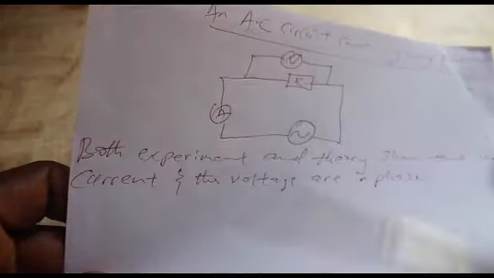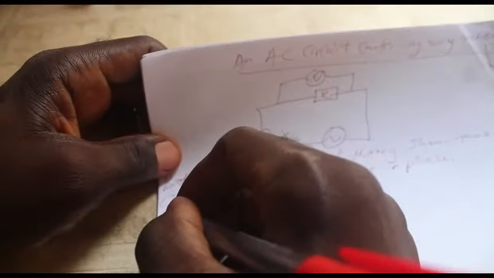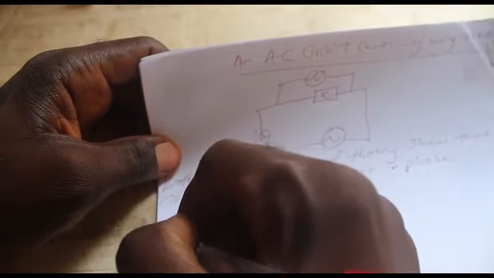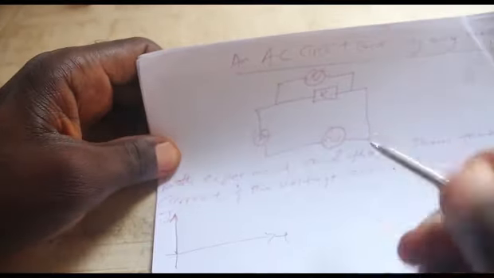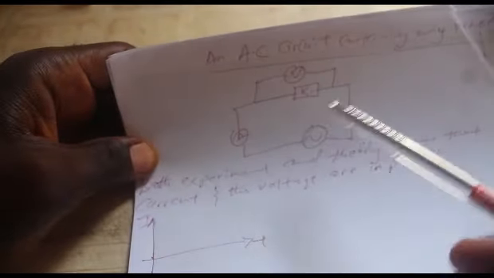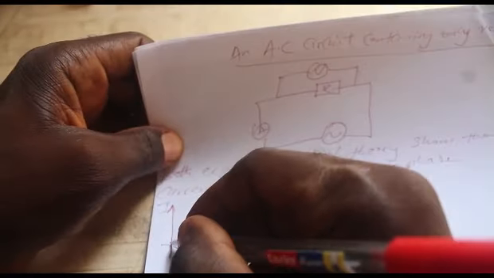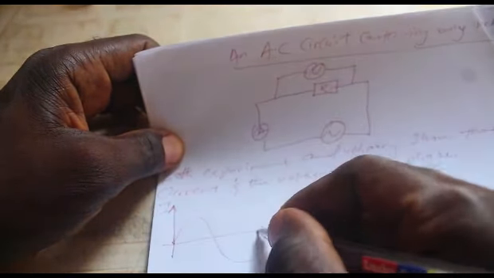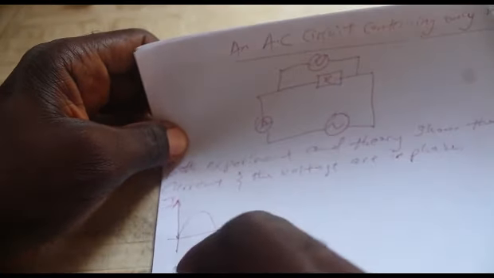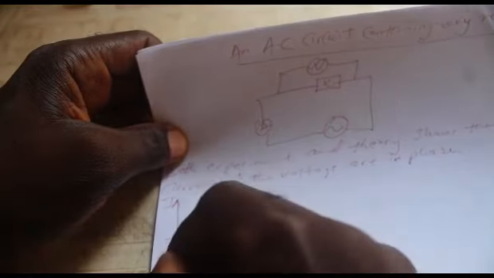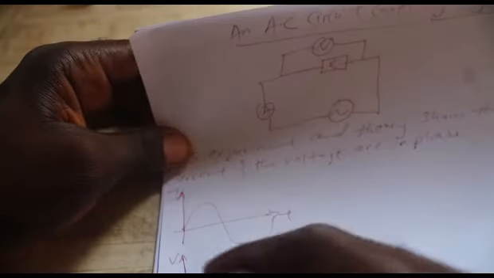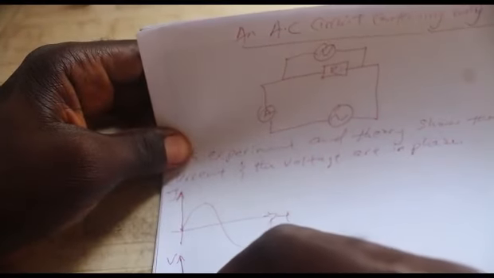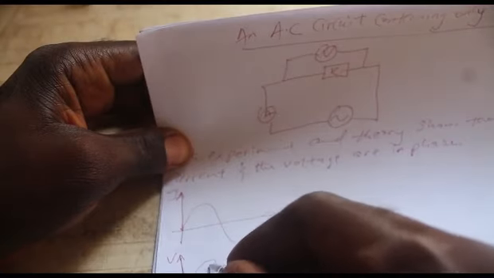So if we were to plot a graph of alternating current, instantaneous current on one axis and time on the other axis, in an AC circuit containing a resistor, we're going to have something like this. If we did the same thing for voltage in an AC circuit, we're still going to have something like this as well.